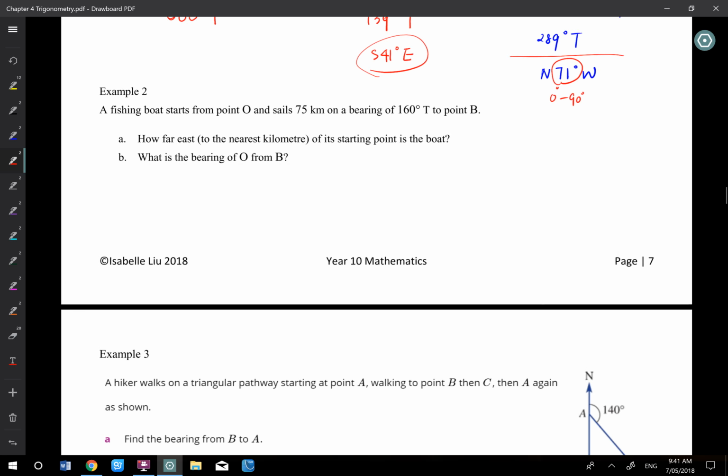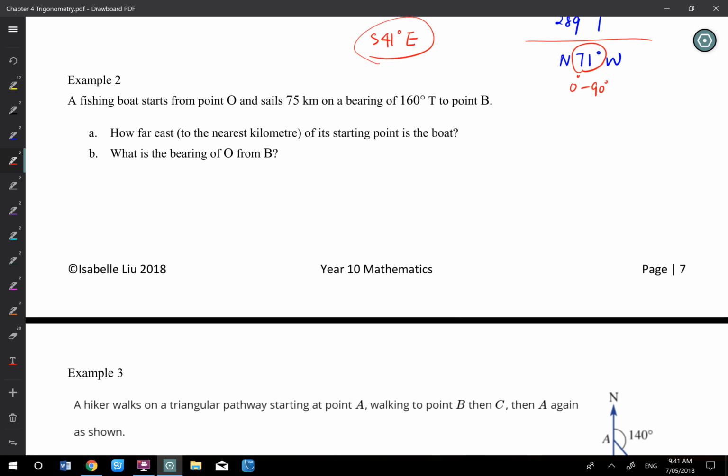Okay, let's have a look at example 2. Can you sketch a diagram for me to represent the situation? Where's O, where's B? How can we set up the location for it?